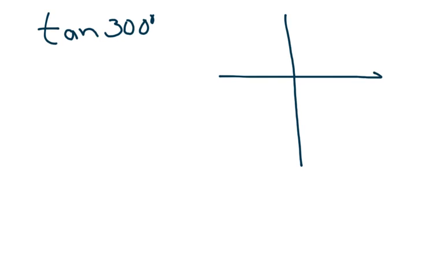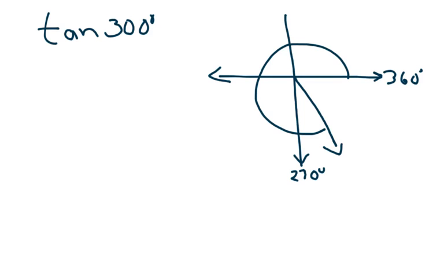Let's do tan of 300. I know 360 is here, and I know 270 is here. So 300's about here. That's 300 degrees. And I'm going to draw my triangle up here.